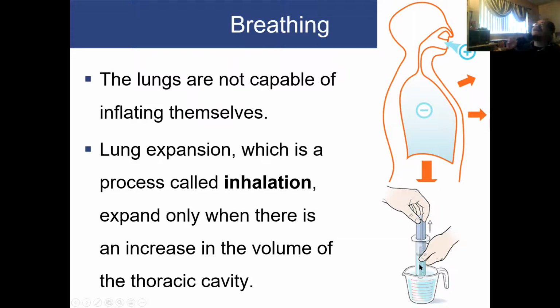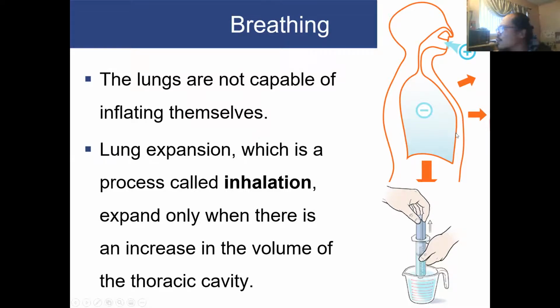No matter how you are laying down or standing up, if you expand the thoracic cavity, you increase the space, so the pressure inside becomes lower. That's why it's negative here, less pressure. Then the air will go in.